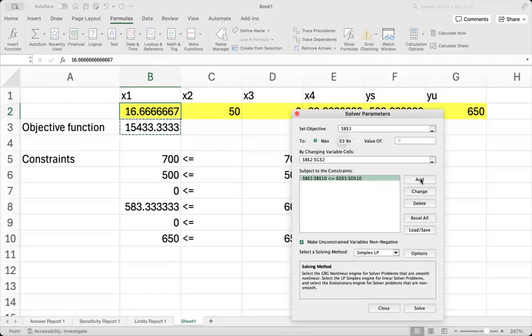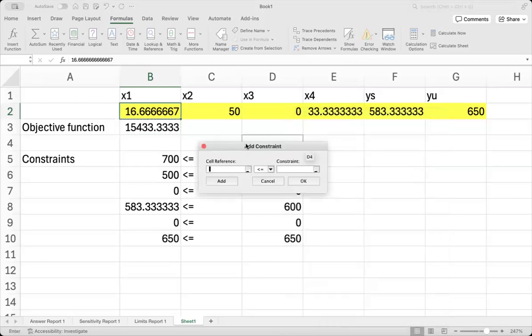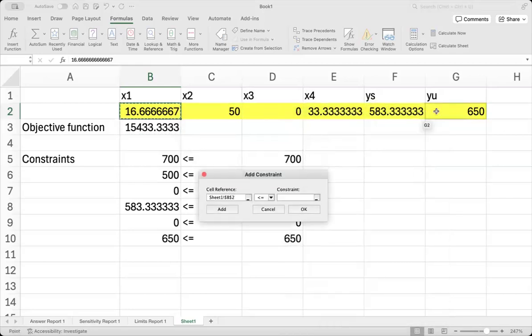You can try adding a constraint that all these must be integer.